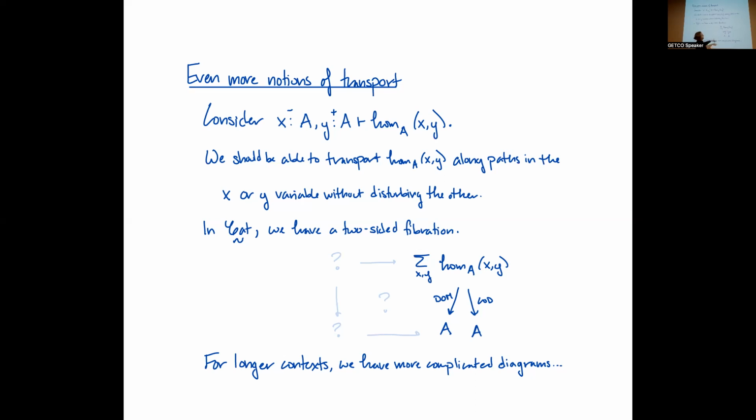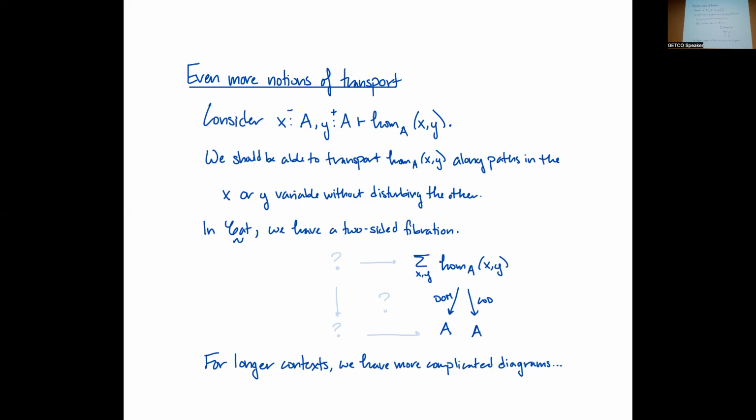And not only is this a fibration and this an opfibration, in the sense that we can lift in these ways, we can transport these ways, so that when we transport along paths here, the fiber over this one is not being changed. Okay, so we kind of understand the situation in Cat.